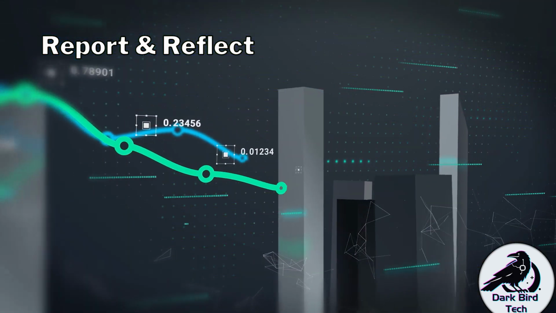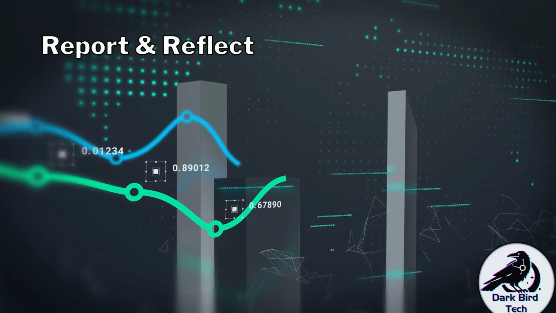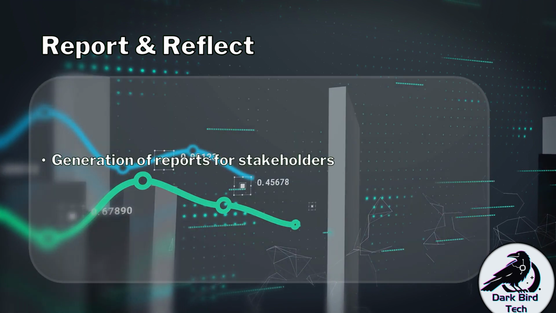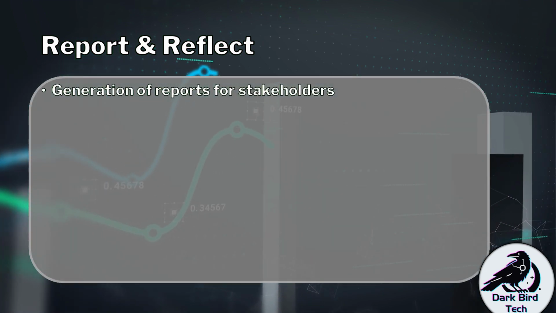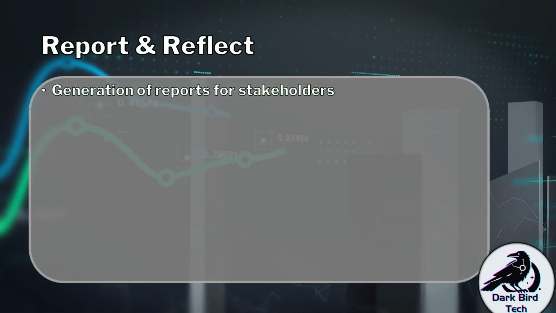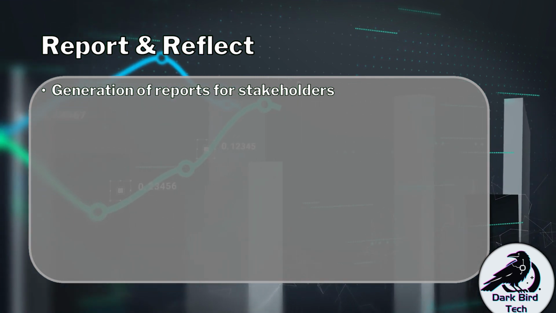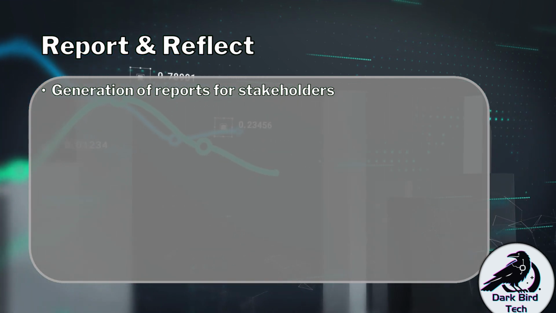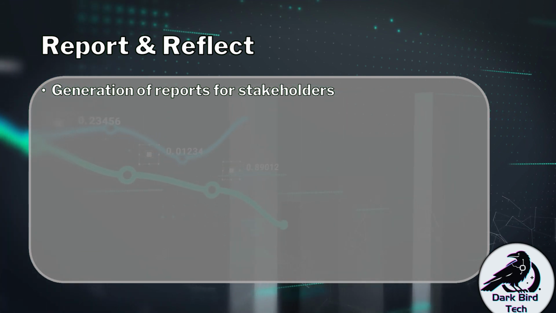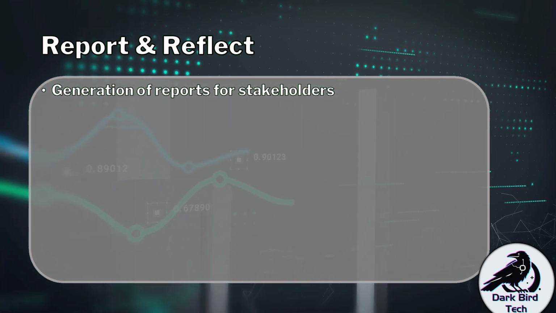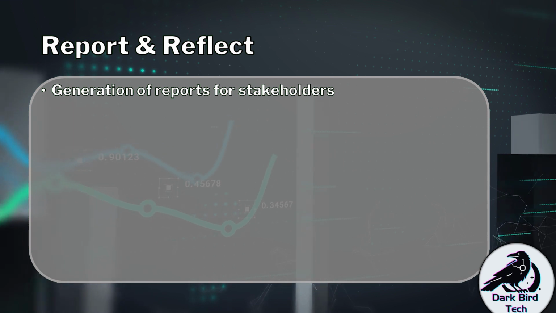Now we're going to look at reporting and reflecting at the end of an incident. The idea of reporting and reflecting is that we are going to be generating reports for our stakeholders so that they can appreciate what happened, they can understand why it happened, and possibly more likely grant permission for us to do something to mitigate this from happening in the future.